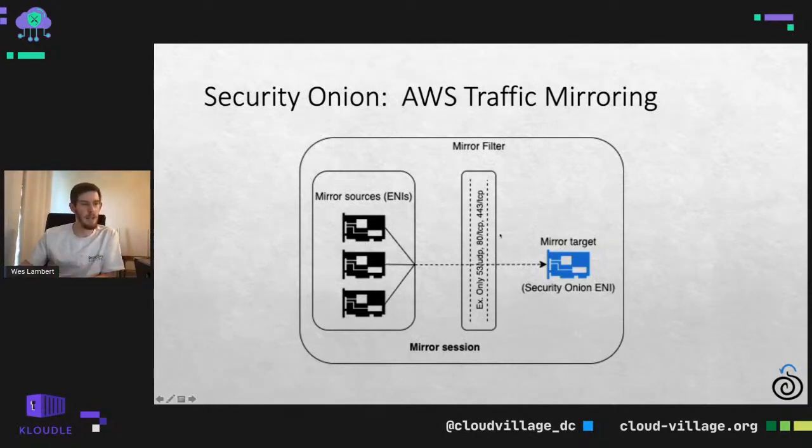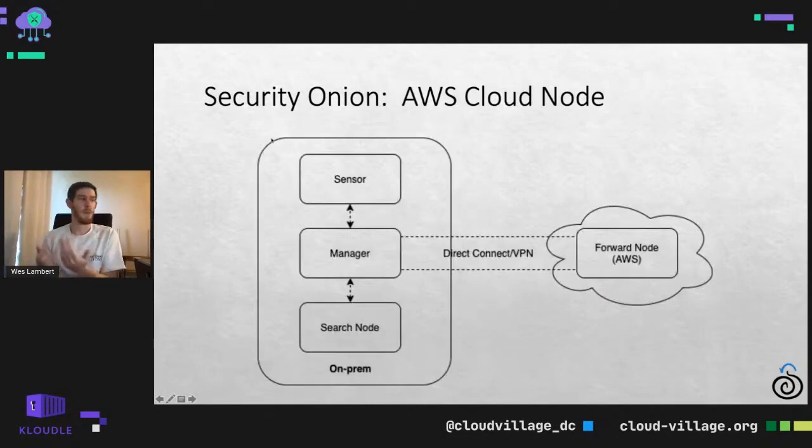And this mirror target is going to be that sniffing interface. So it's going to listen to all of that traffic and pull that into Security Onion, so that we can review that data and root out attackers and all sorts of things like that. So this is a brief diagram of how that AWS traffic mirroring works, and we'll dive into that in just a little bit.